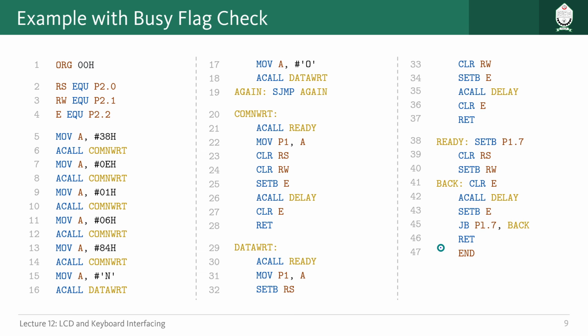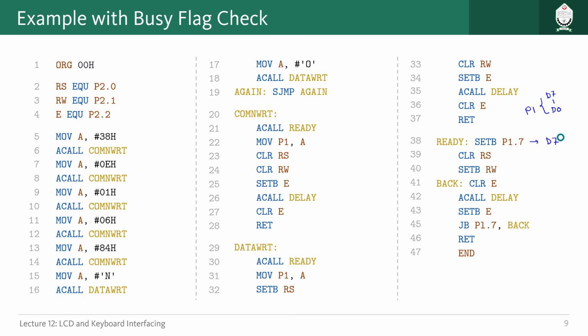for sending next data. So before that, try to again remember that port 1 was connected with D7 to D0 of LCD, right? So that means we can say this pin 1.7 is connected with D7 of LCD.